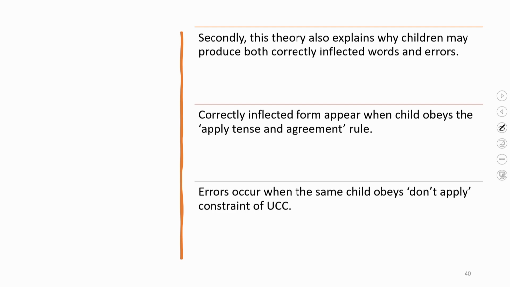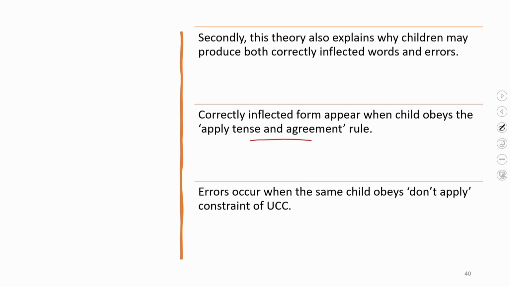Correctly inflected forms appear when the child obeys the apply tense and agreement rule, and errors occur when the same child obeys the do not apply constraint of the UCC. So, if they are obeying the wrong constraint given the scenario, then it is possible. If they are obeying the correct constraint given a scenario, they will get it correct.